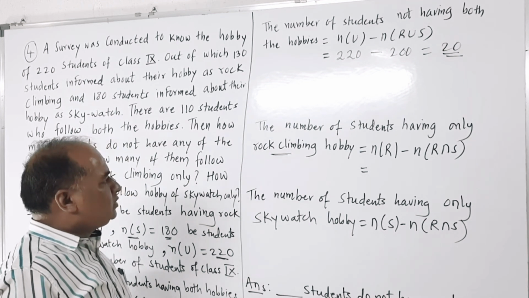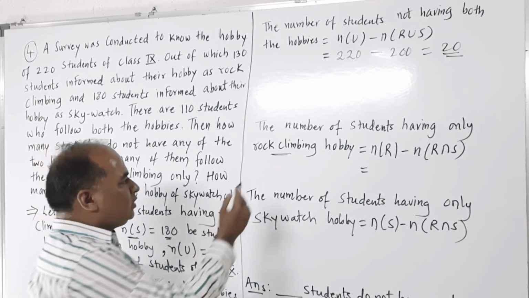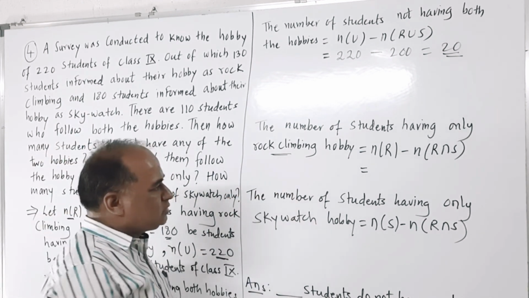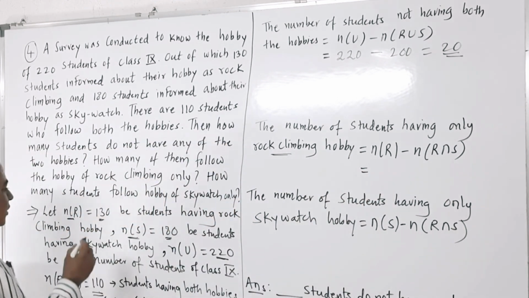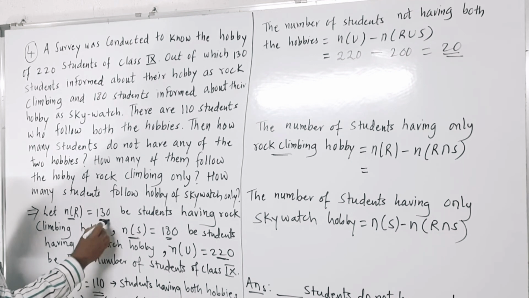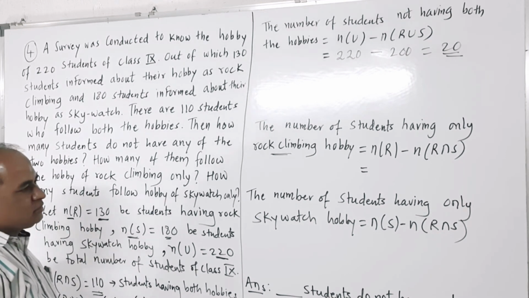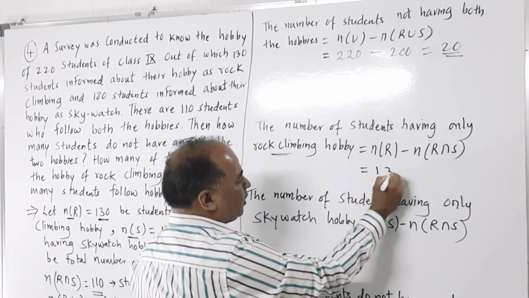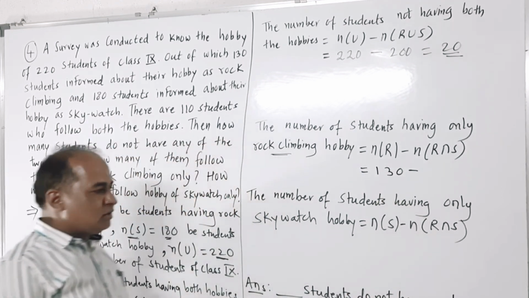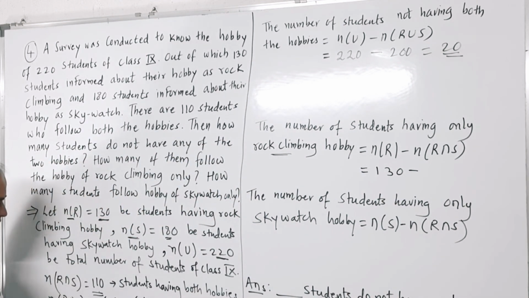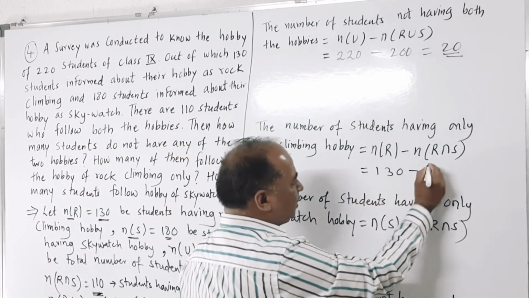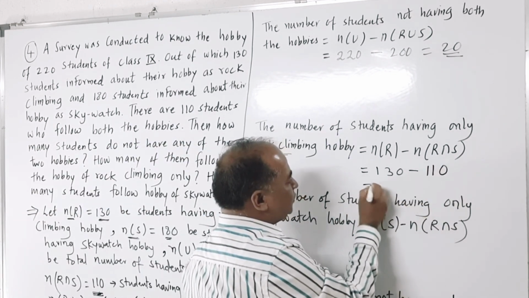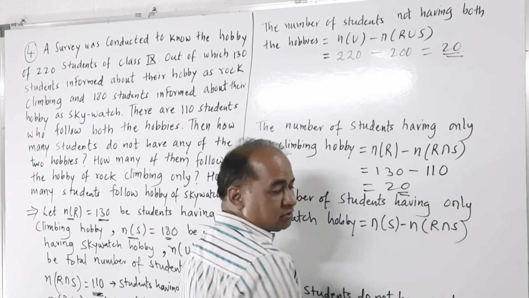Next, the number of students having only the rock climbing hobby is the total number of students having the hobby of rock climbing, 130, minus the number of students having both hobbies, 110. That is 130 minus 110, which is equal to 20 students.